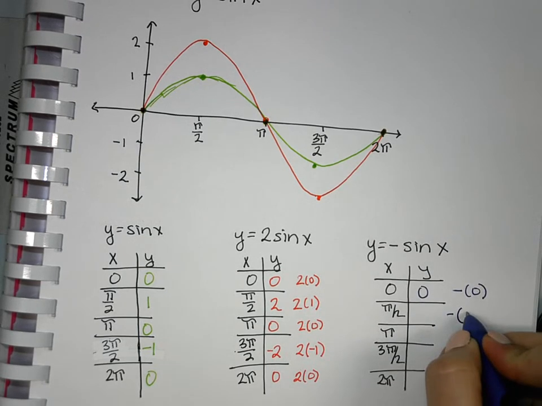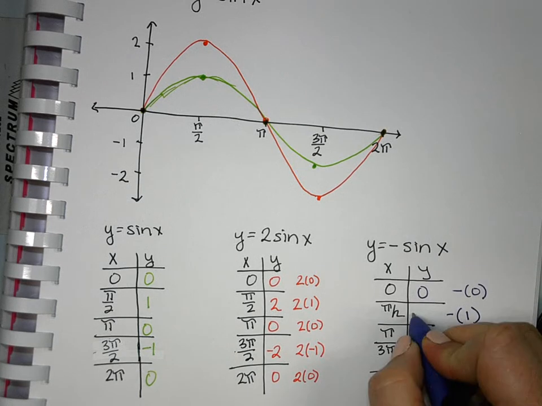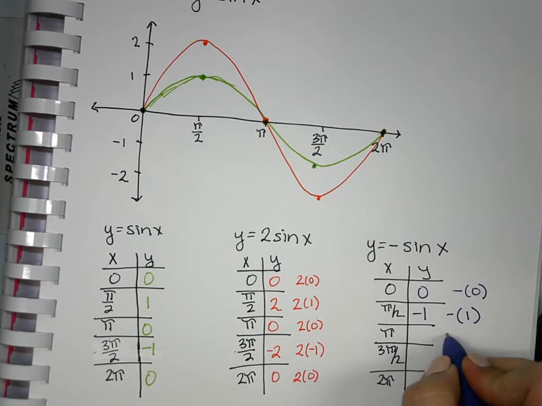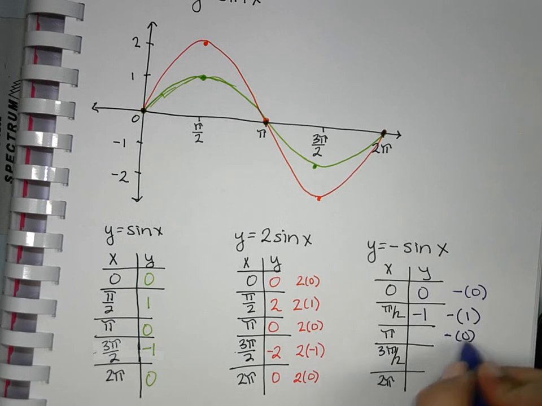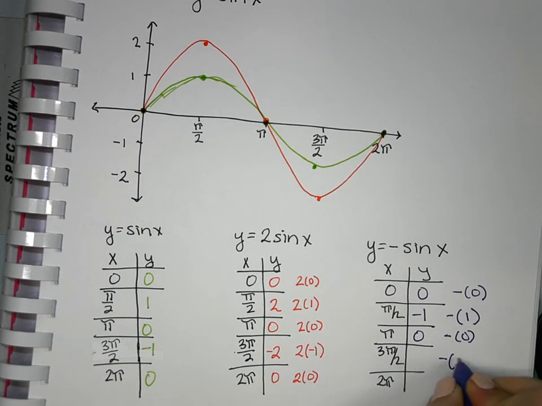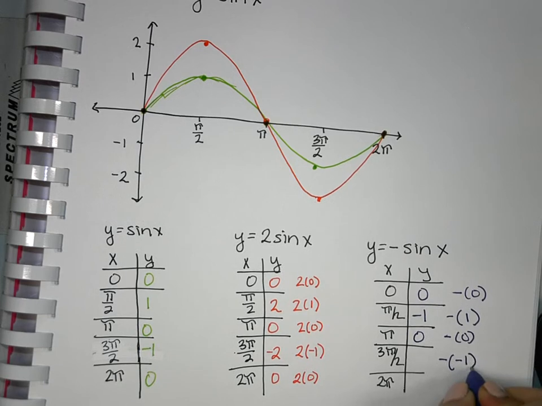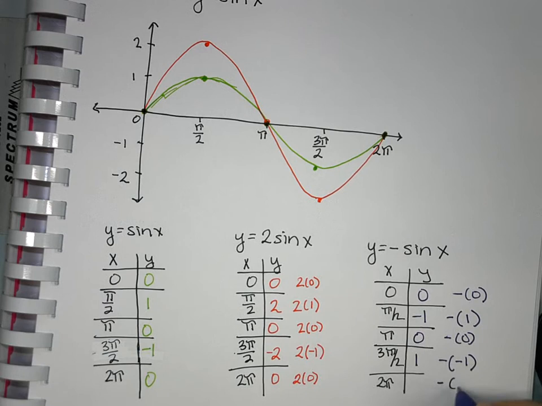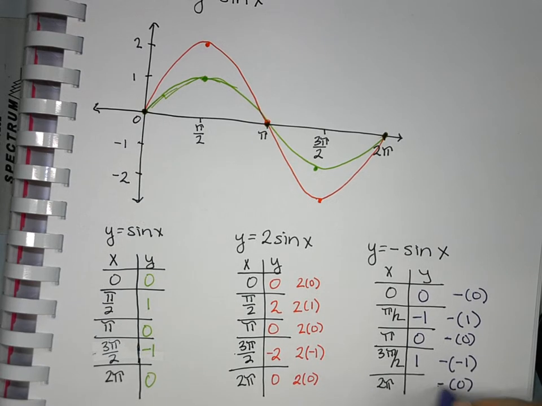Sine of pi over 2 is 1, so with the negative we'd get -1. Sine of pi is 0, -0 is just 0. Sine of 3 pi over 2 is -1, double negative makes it positive. And then sine of 2 pi is 0, -0 is just 0.